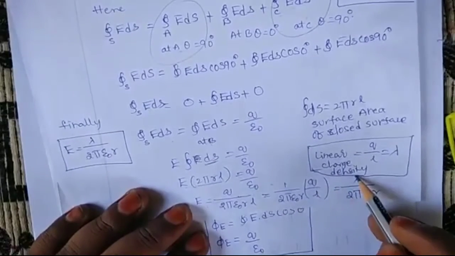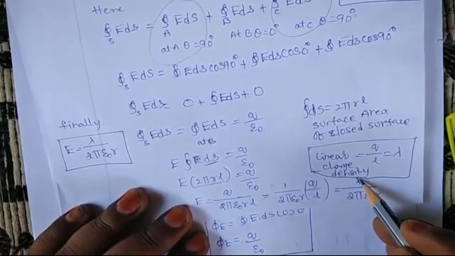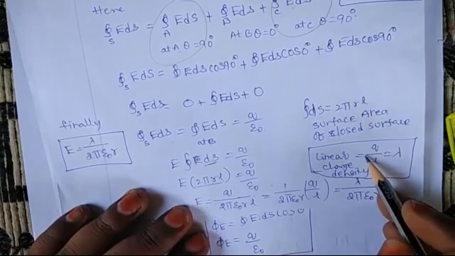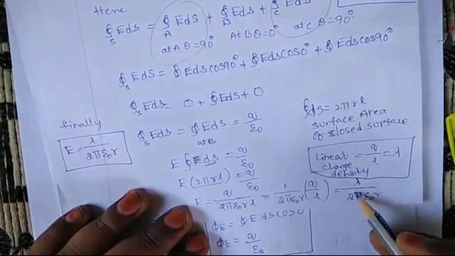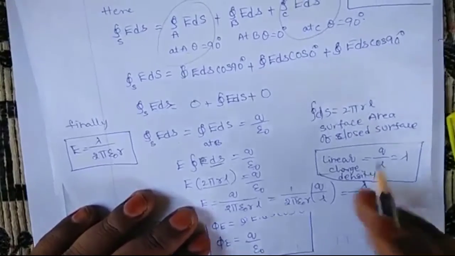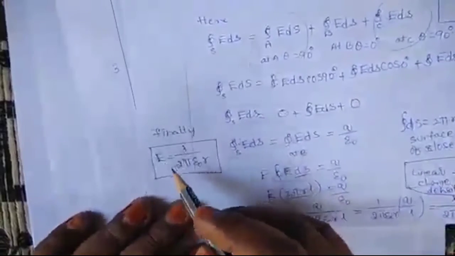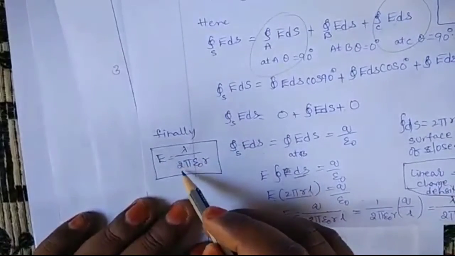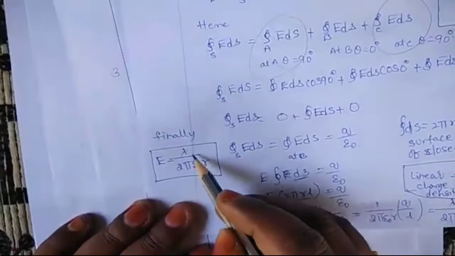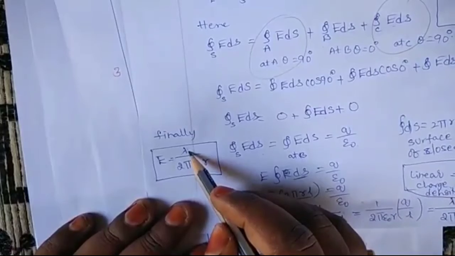Finally, the electric field intensity of a long infinite wire is E is equal to lambda divided by 2 pi epsilon naught R, where lambda is the linear charge density. So this is the final formula.